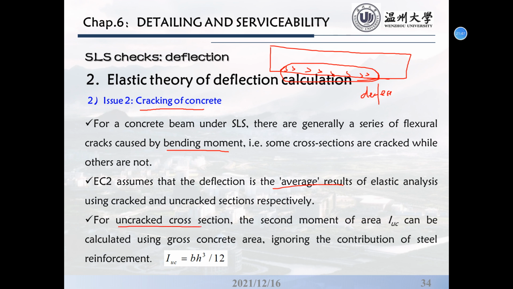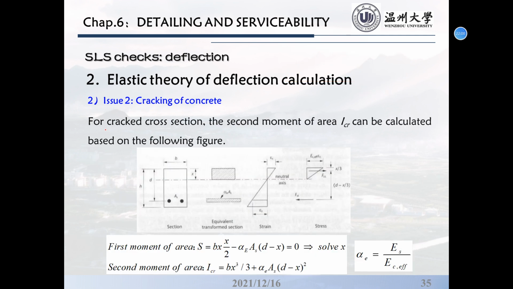For uncracked cross-section, the second moment of area can be calculated. This is the expression of the second moment of area. For cracked cross-sections, look at these figures, right? This part provides the compression.